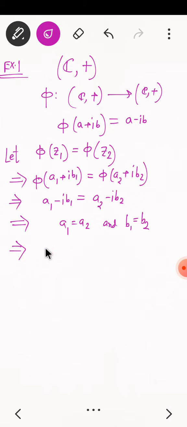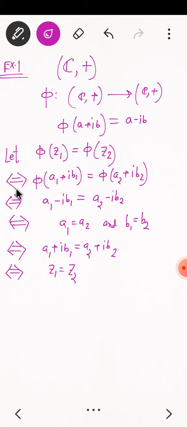So a1 plus i b1 equals a2 plus i b2, which implies z1 equals z2. Conversely, if z1 equals z2, then this happens. So phi is one-one and well defined.